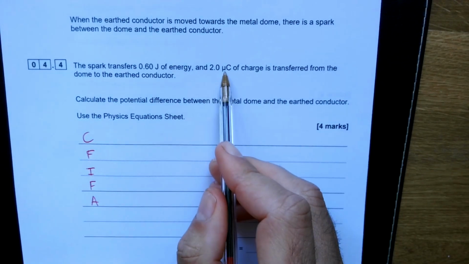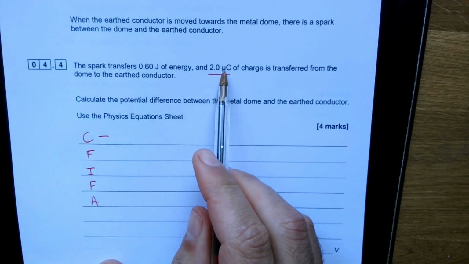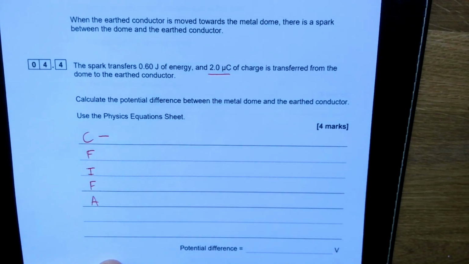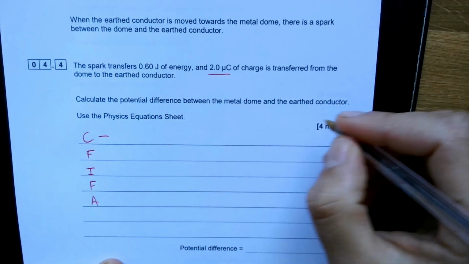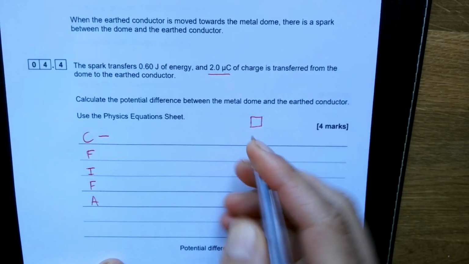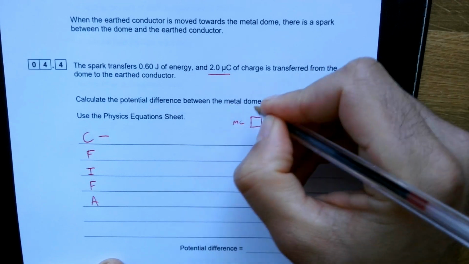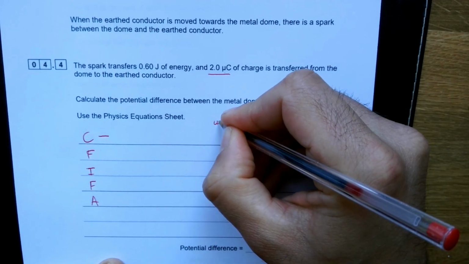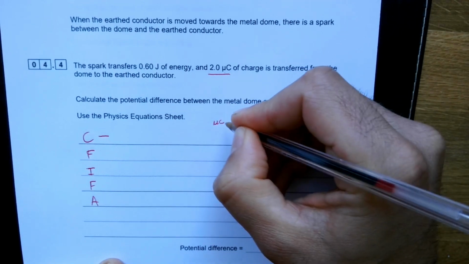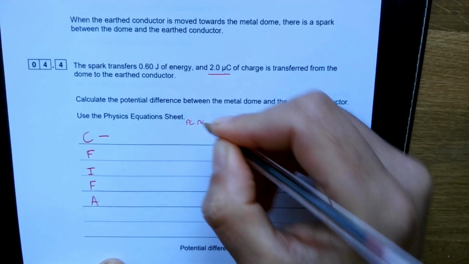Now we do need to do some converting, so that's the first thing we do. We need to convert to coulombs, because it's microcoulombs. So we remember our ultimate weapon. We start with our square, and if we go in this way, because it's our smaller one, it's going to be millicoulombs, then microcoulombs, then nanocoulombs, and picocoulombs.